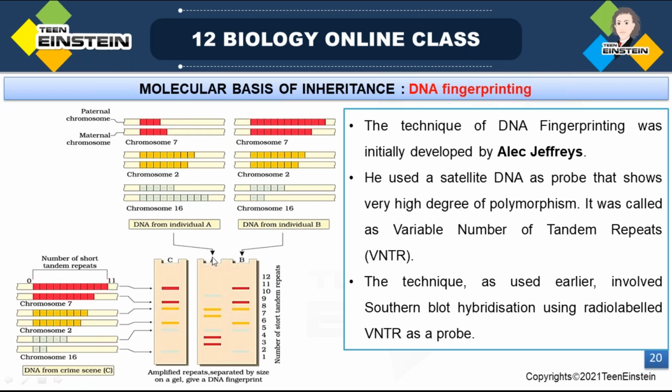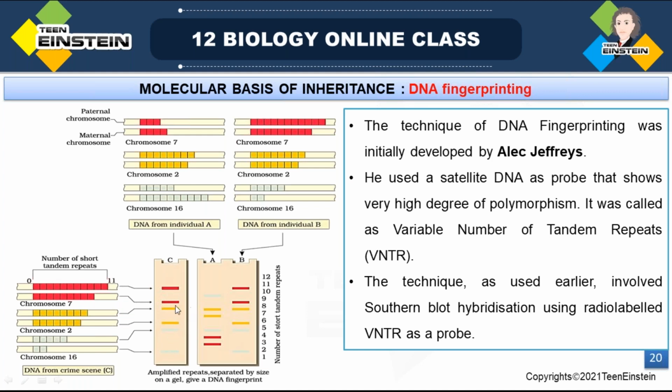In the first slot, they loaded the DNA from individual A. This is how they check at the forensic level, in paternity issues, how they confirm which individual the child is from. From individual A they collect a DNA sample, and from individual B they collect a DNA sample. And here is the control DNA sample.